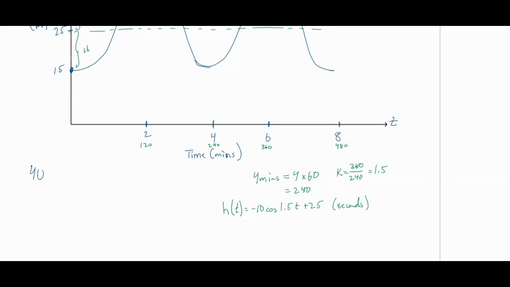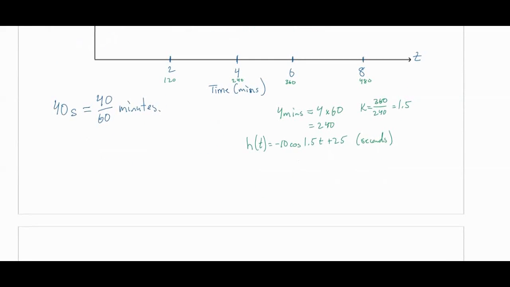So 40 seconds is 40 over 60 minutes. So you divide by 60 to turn it into a number of minutes. And that ends up being a fraction or like a sort of a nasty decimal, not an easy one. You can't round that. Okay. So we're going to do this. We're going to do question C twice.